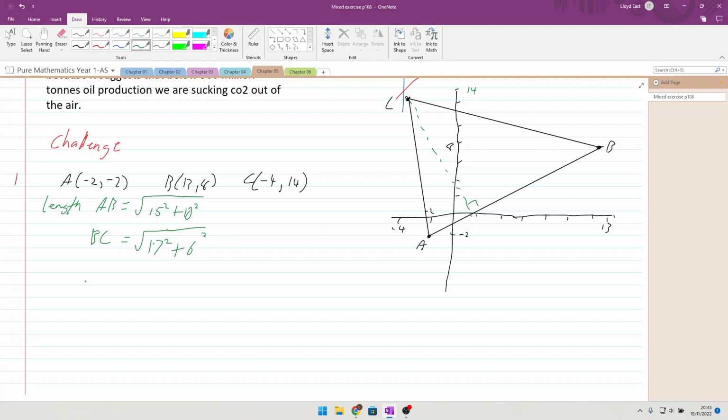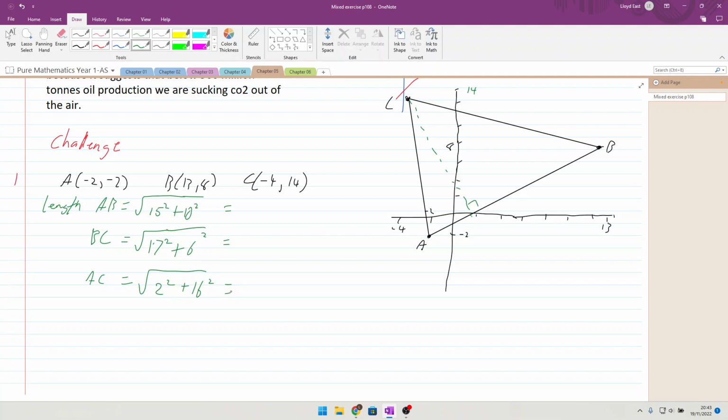And then AC, we end up with the square root of 2 squared and 14 down to -2, that's 16 squared.